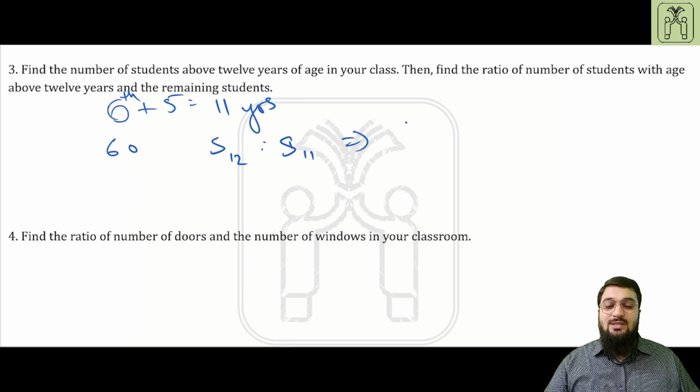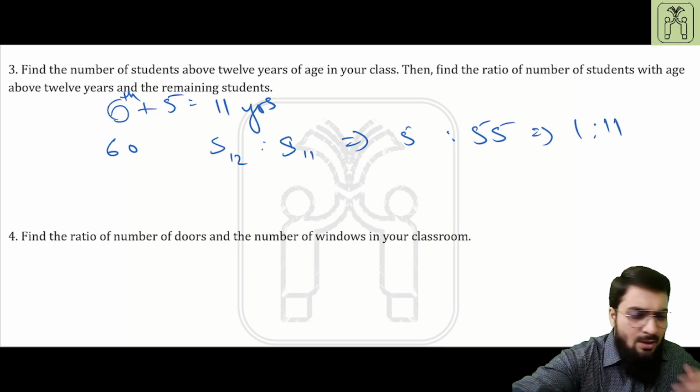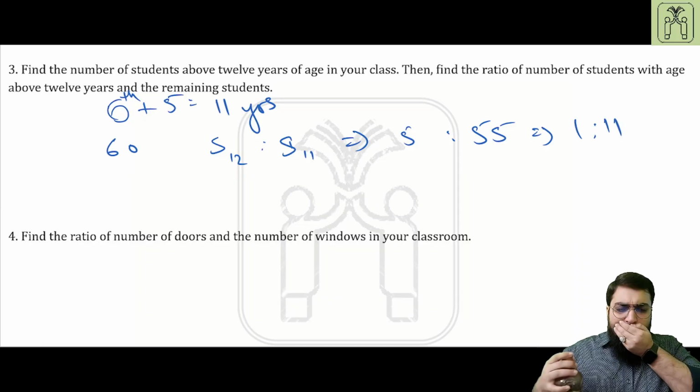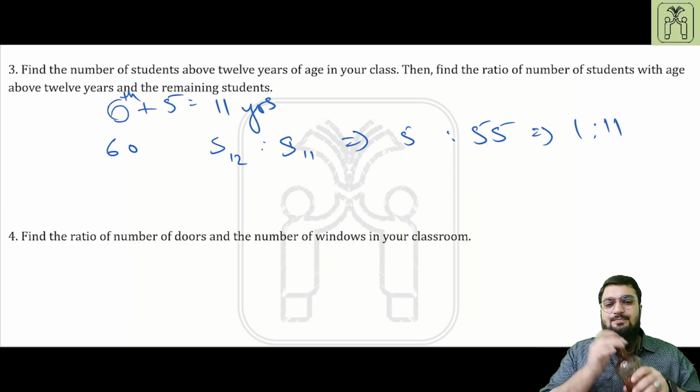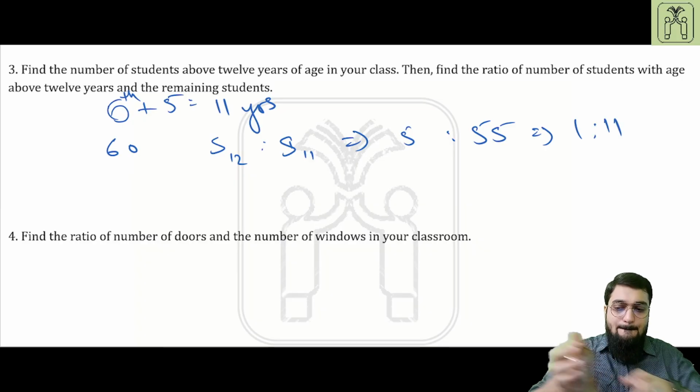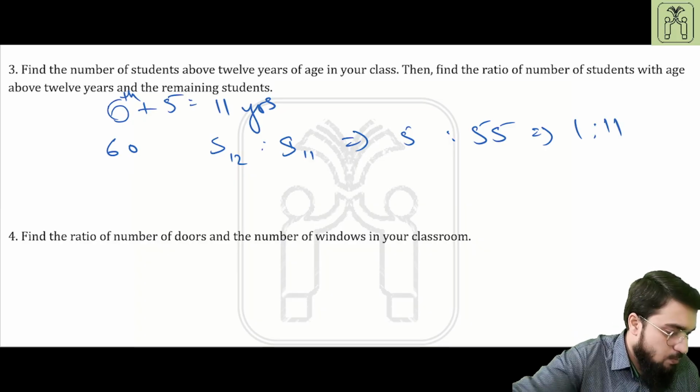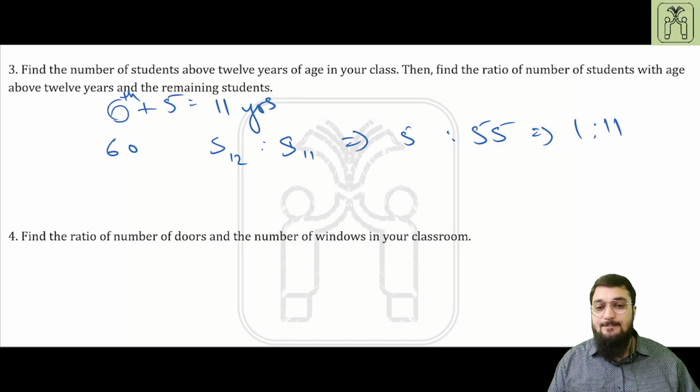So this implies that we have 55 is to 5, no, sorry, 5 is to 55, and the answer will therefore be 1 is to 11. So the answer is 1 is to 11.